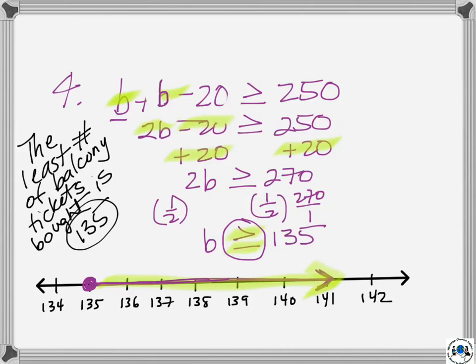Our question asked us what was the least number of tickets that could be bought, and that would have to be 135, because it's 135 or more, and 135 is the lowest number, and you can see that it is the first number in our solution set. We'll be writing solution sets in the near future as well, but yes, it would be 135.